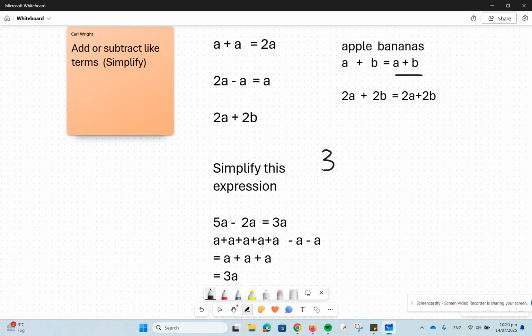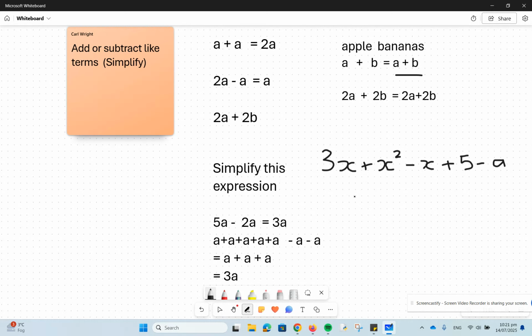I've got 3x plus x squared minus x plus 5 minus a. So you're asked to simplify this really long expression.